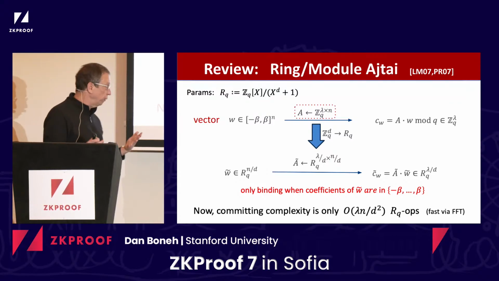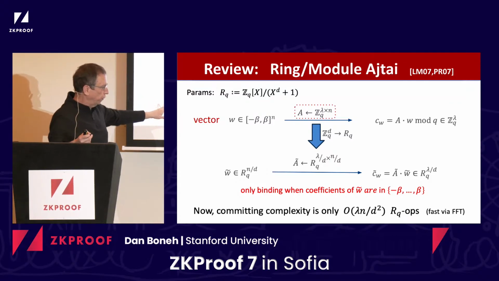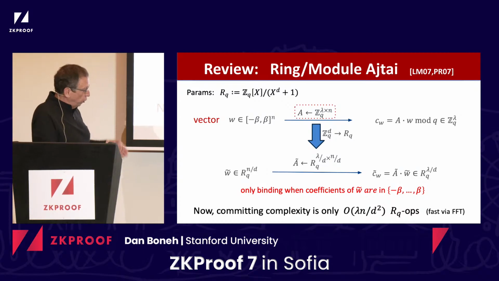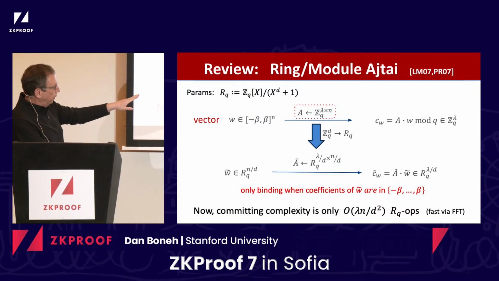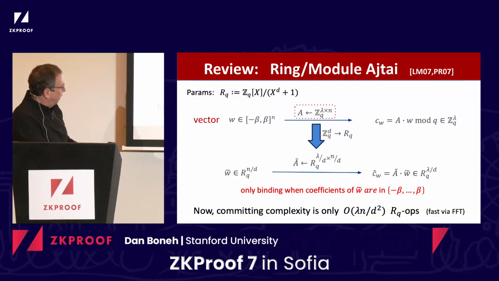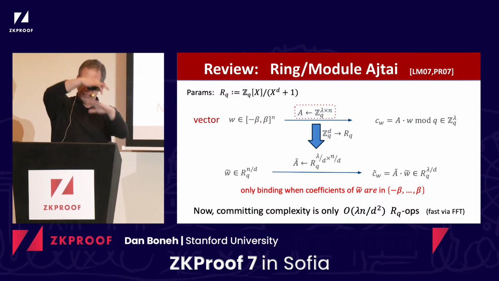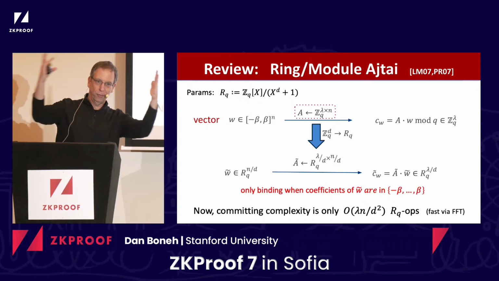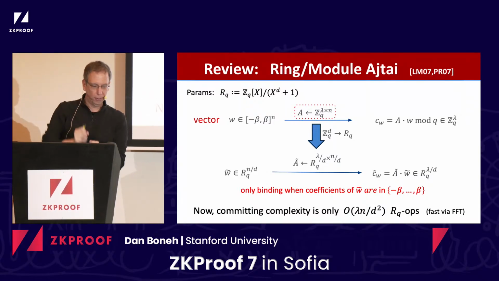The benefit of this is that the complexity is now lambda times n divided by d squared. The horizontal direction shrunk by a factor of d, and the vertical direction shrunk by a factor of d.